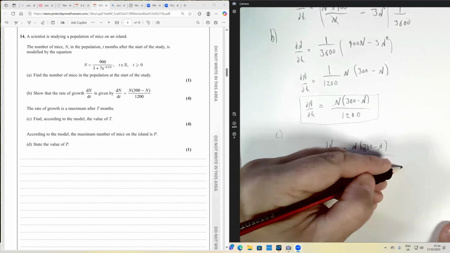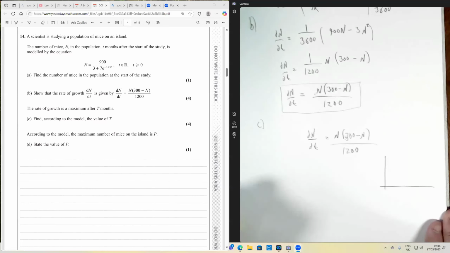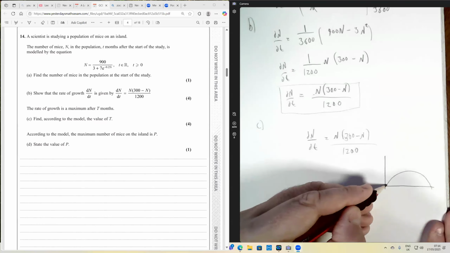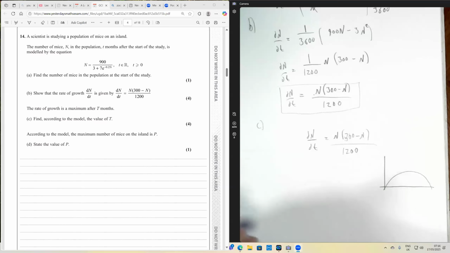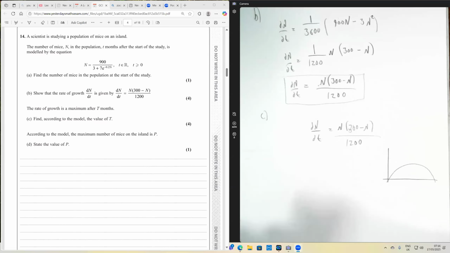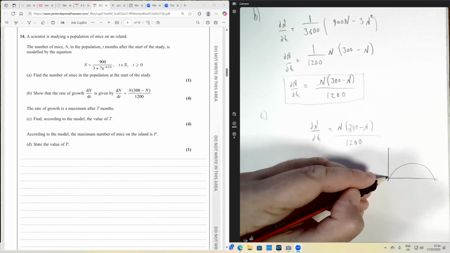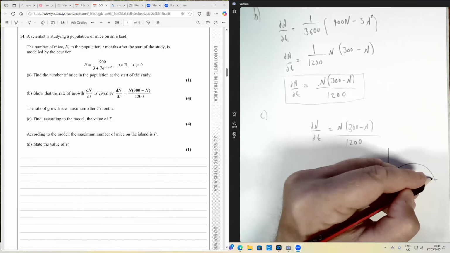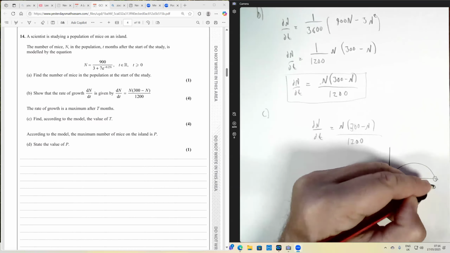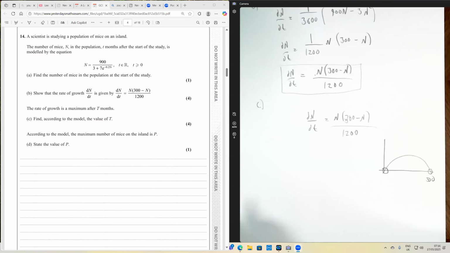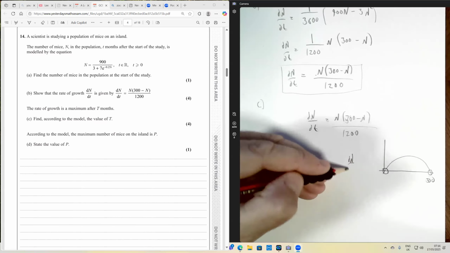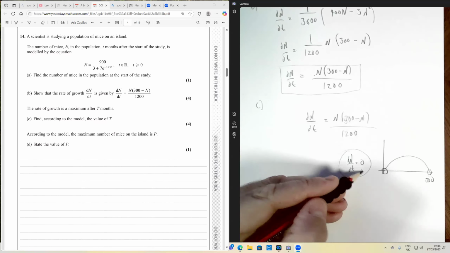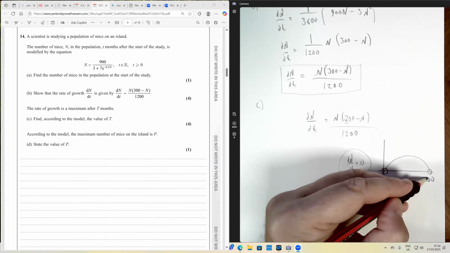And let's just imagine we had a little graph here. I think the most useful way to think about this bit is to visualize it. This numerator is a negative quadratic, with dn by dt equal to 0 when n is 0, and also equal to 0 when n is 300. There would be 0 growth when n is 0 and when n is 300.